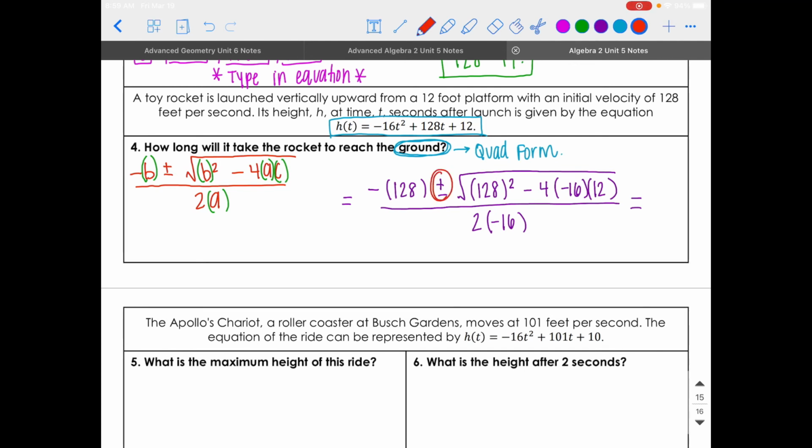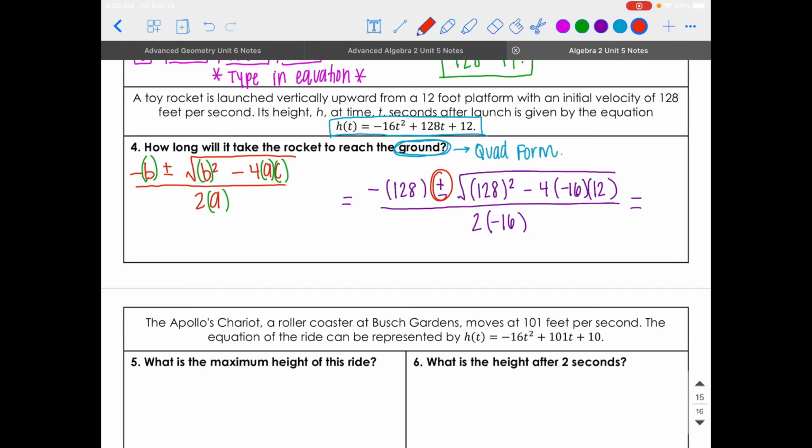Or you can do either one first, but you just can't do them at the same time. Plus the square root. In parentheses, I put 128. Close the parentheses, squared. Minus 4 times negative 16 times 12, all over 2 times negative 16. And this one we get negative 0.09.